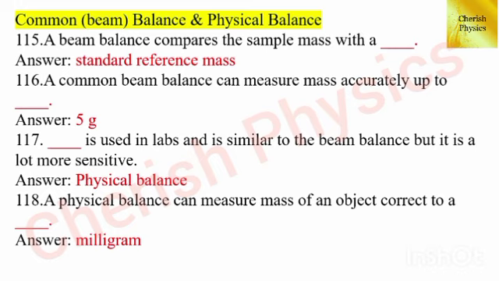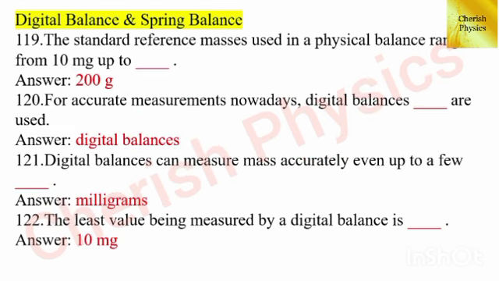The answer is physical balance. A physical balance can measure the mass of an object correct to a milligram. The standard reference masses used in a physical balance range from 10 milligram up to 200 gram.